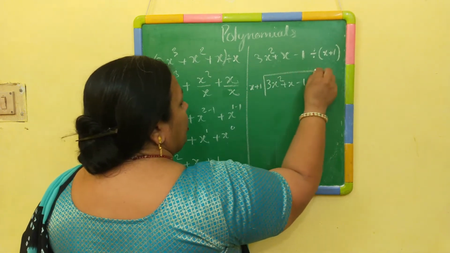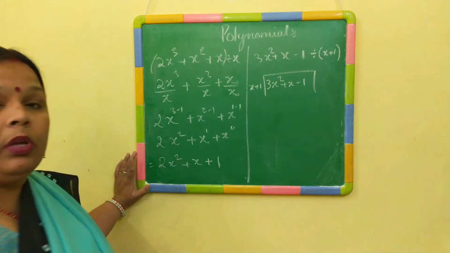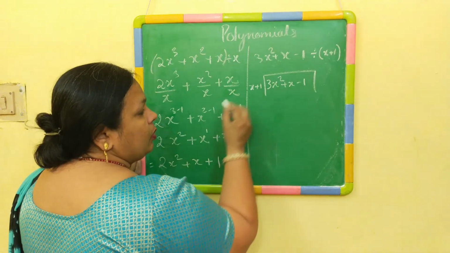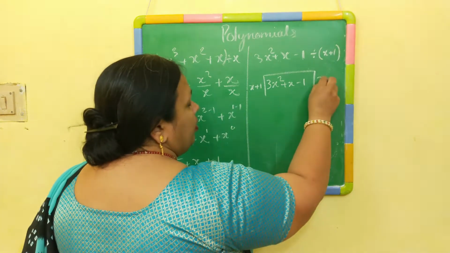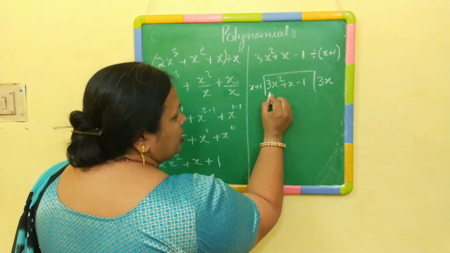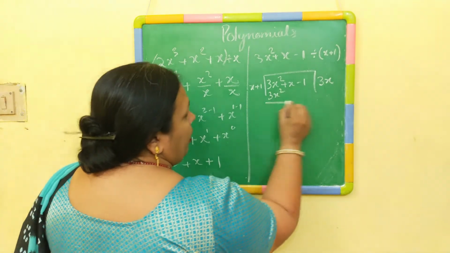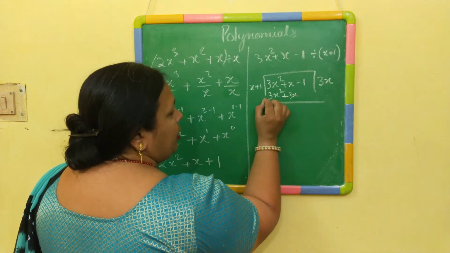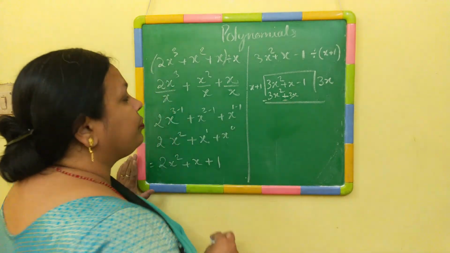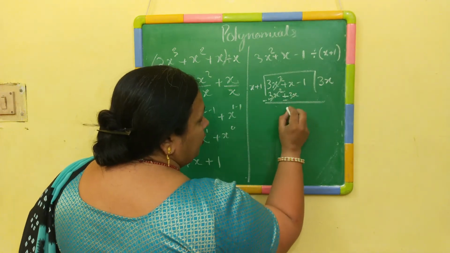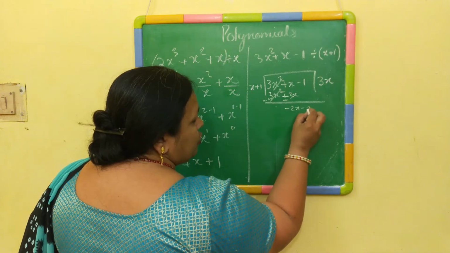Now when we take the second example, where 3x square plus x minus 1 is divisible by x plus 1, we remember how to divide it. Now we need 3x here, x square, and x we have, so we will be multiplying this by 3x. So x into 3x is 3x square, then 1 plus this is plus 3x. We will immediately change the sign here. This will be cancelled, and here we will have minus 2x minus 2.